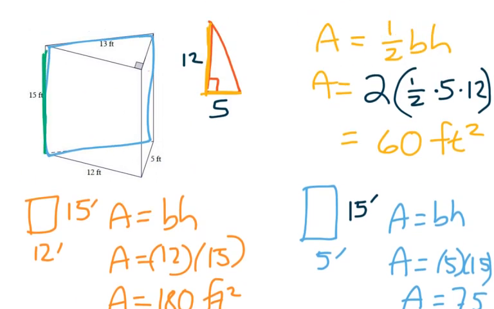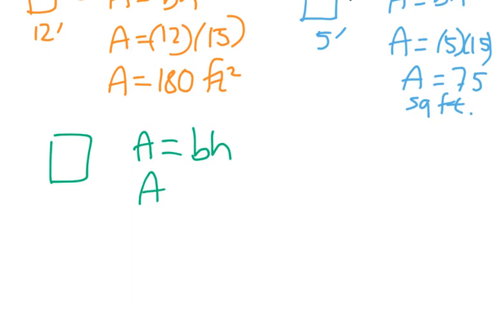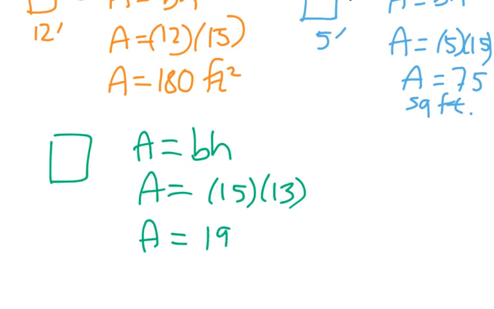I have a height of 15, that's that same height we had on the other shape, except this one now has a width or a base of 13. So area equals 15 for the height times 13 for the base, and that gives you a total of 195 square feet.